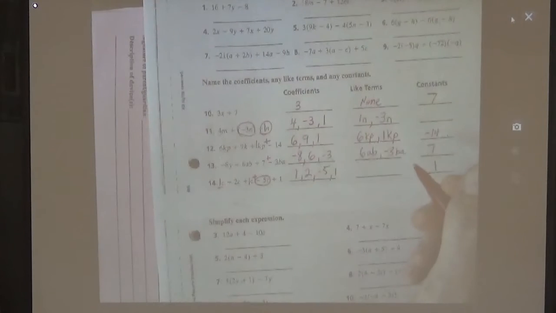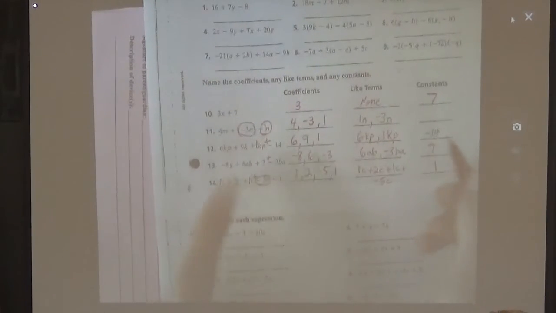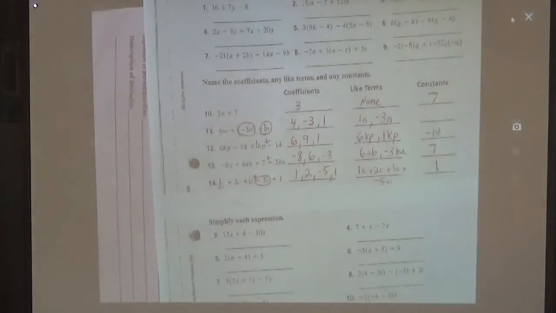What are the like terms, Michael? 1C plus 2C plus 1C plus negative 5C. Those are all like terms, and we can add all those together.